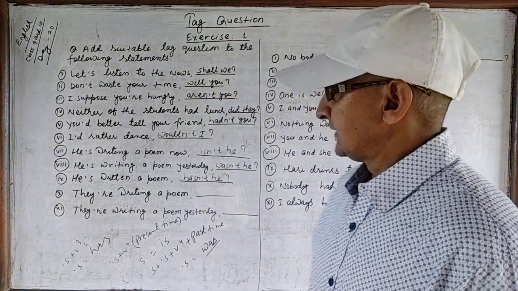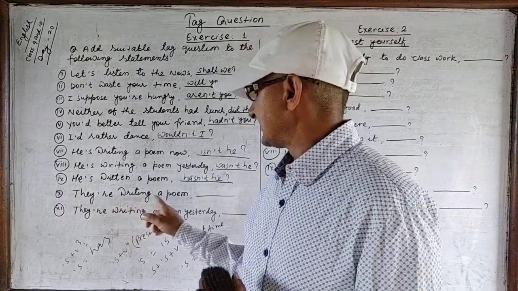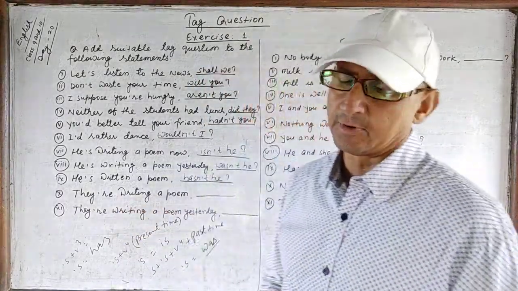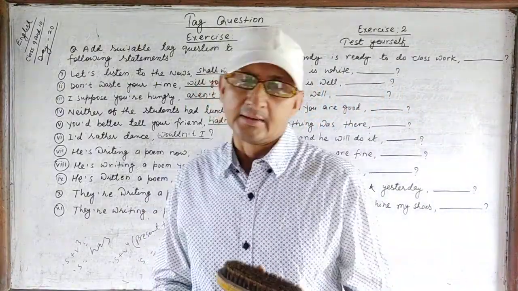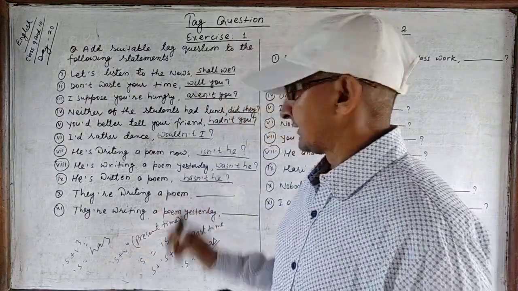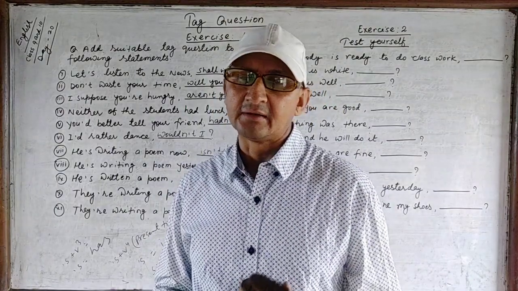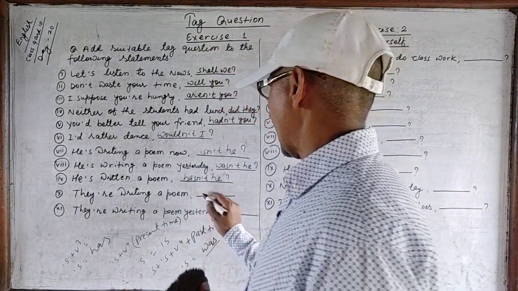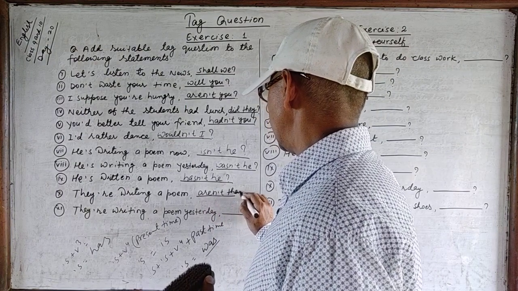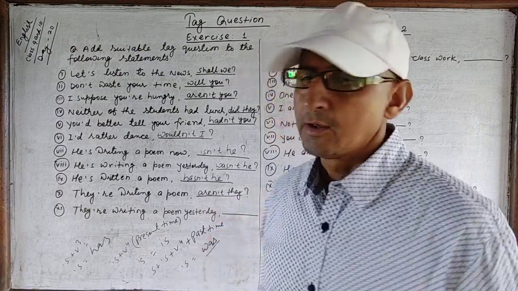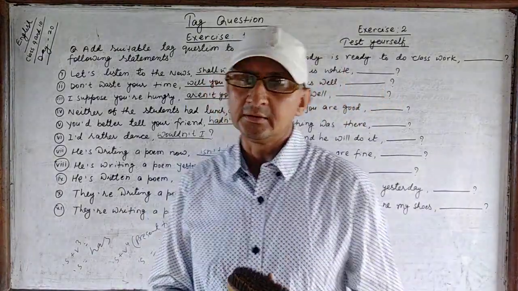And the next question. They are writing a poem. You can easily write the tag for this statement. Aren't they? Why aren't they?